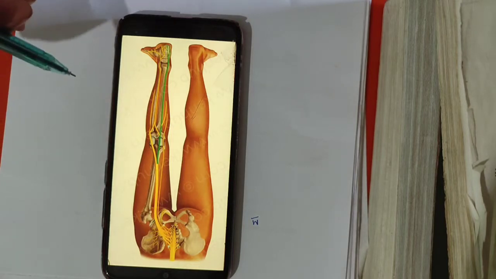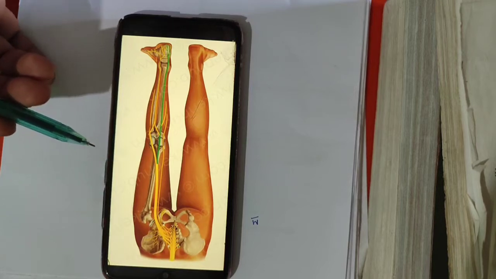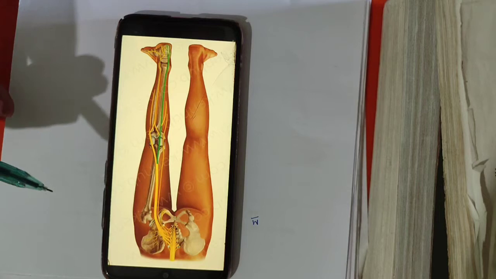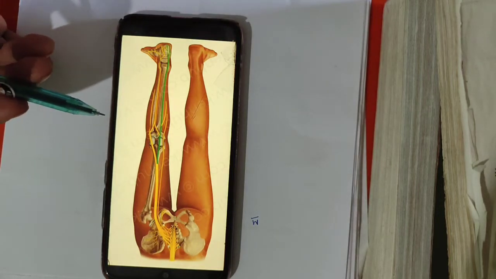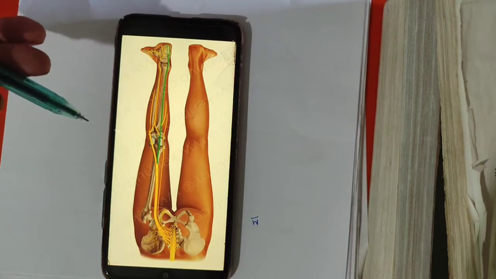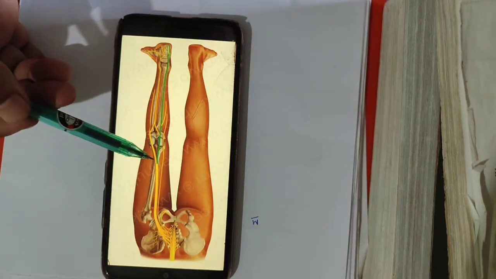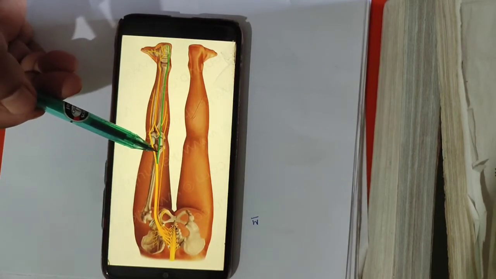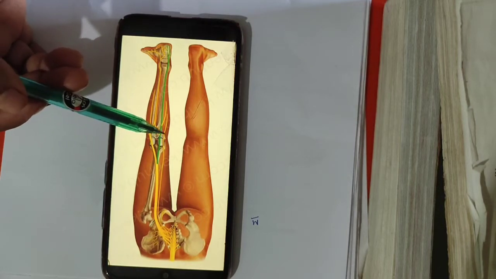We know that the gastrocnemius muscle is one of the superficial muscles of the posterior part of the leg, and it also forms the boundary of the popliteal fossa. So after originating from the superior angle of the popliteal fossa, the nerve runs downwards and reaches the gastrocnemius muscle.